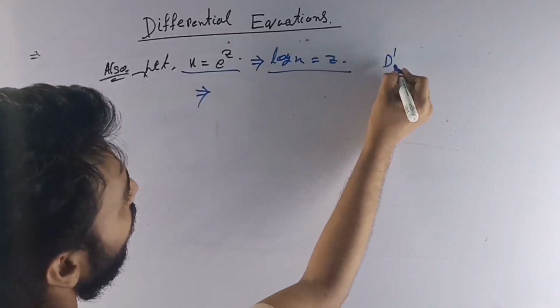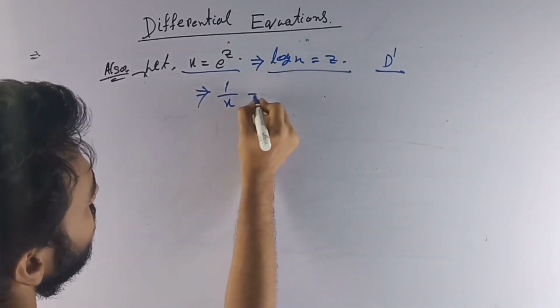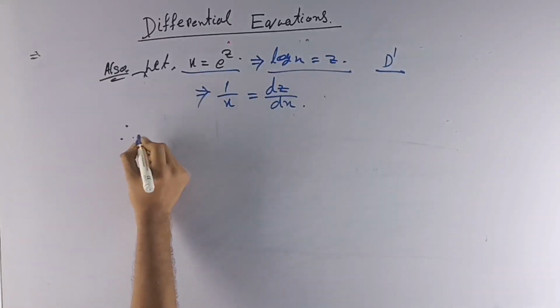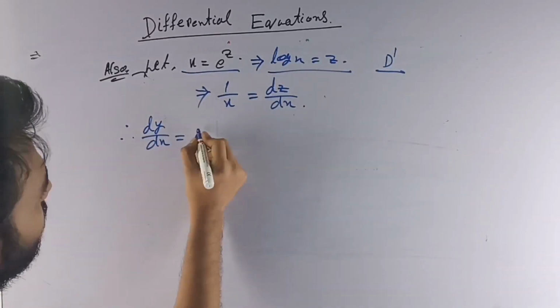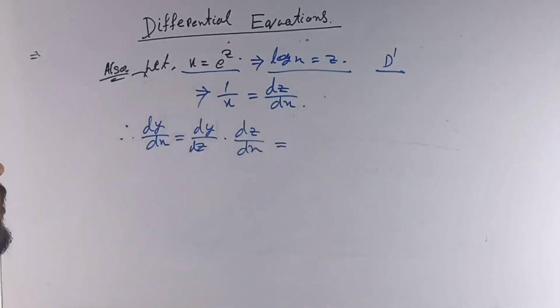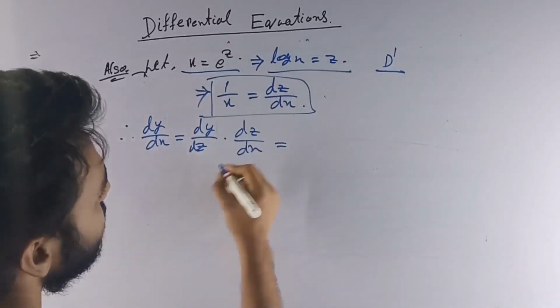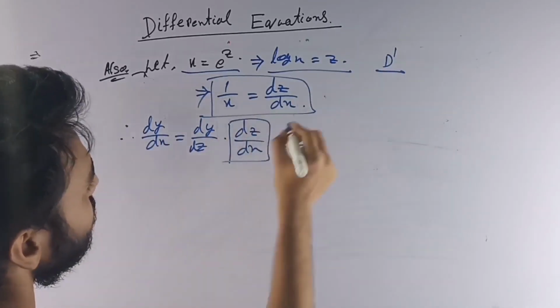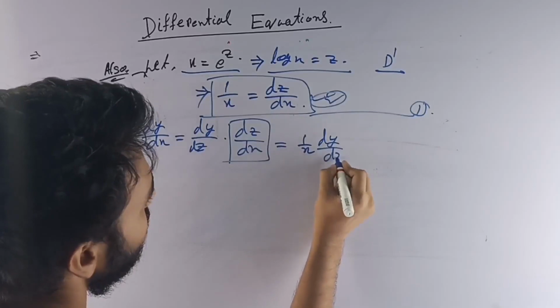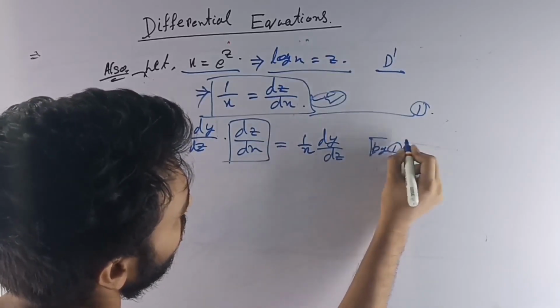So now first of all, the first derivative: 1 by x equals dz by dx. It's very simple. And now dy by dx becomes dy by dz times dz by dx. Okay, so now this dz by dx equals 1 by x, putting it here. So now 1 by x times dy by dz.